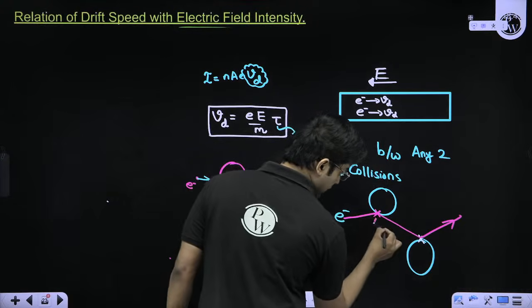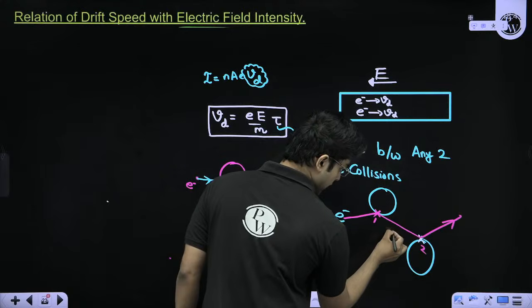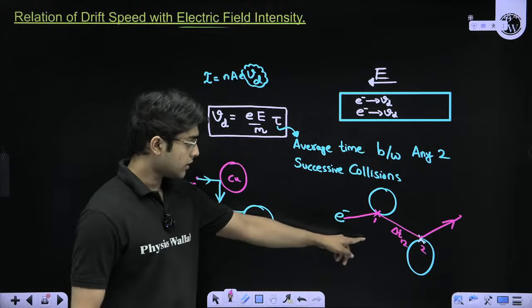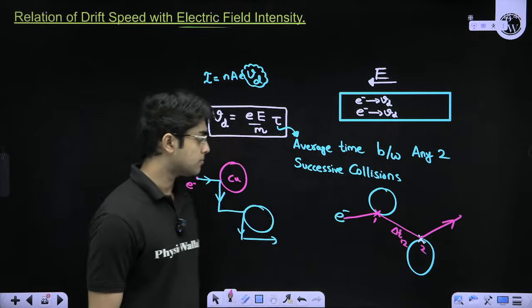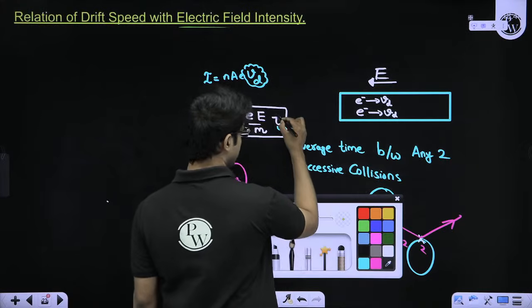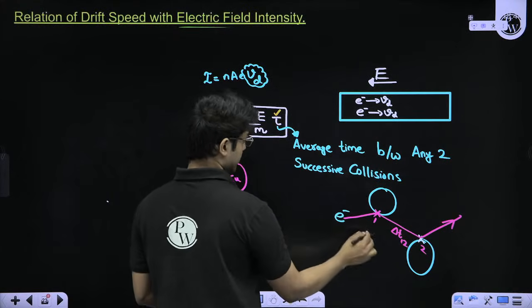So the time between these two collisions, we define it as delta t, let's say delta t1,2. This is the time between collision 1 and 2. So what is tau? Tau is the average of these times.